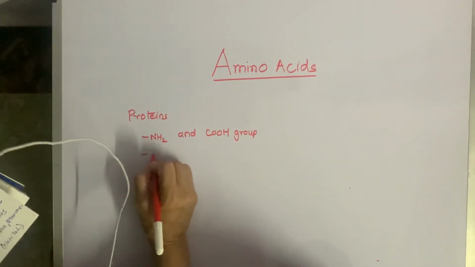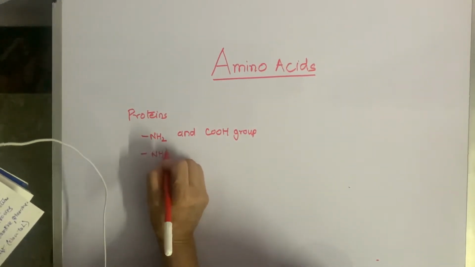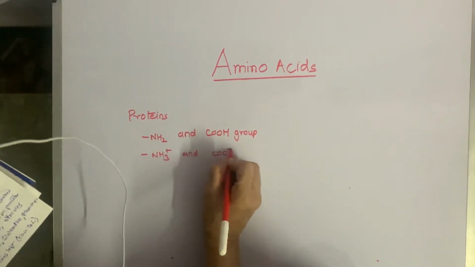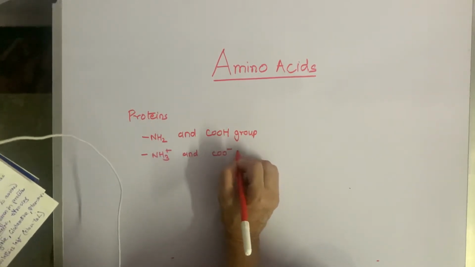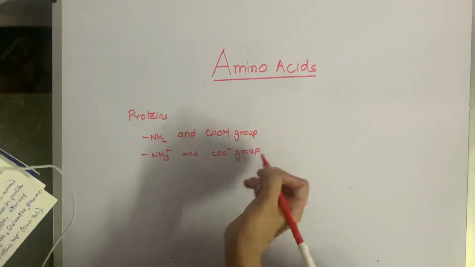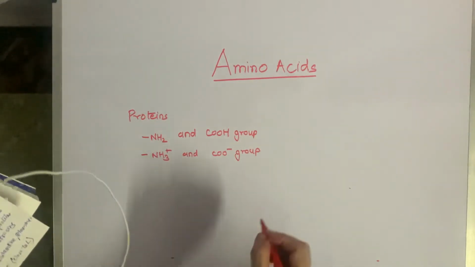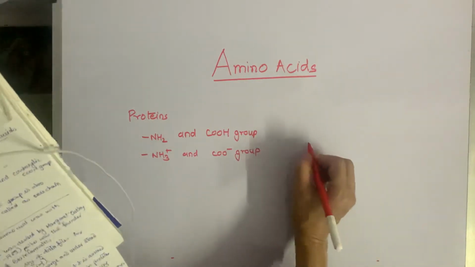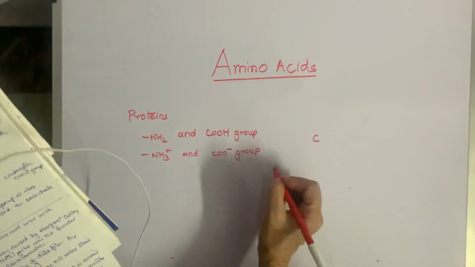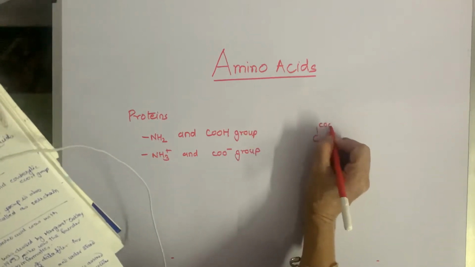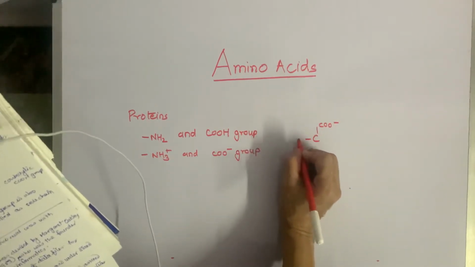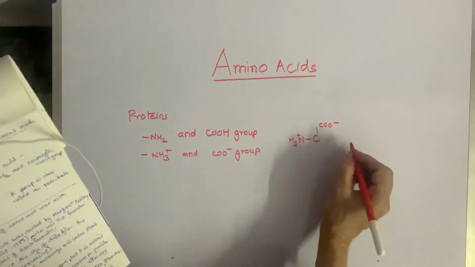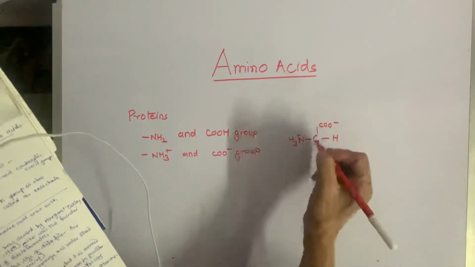Normally, we write NH3 plus and COO minus, that is the ionized form. So, let us see how we write it. The simple basic thing to remember is we write C in the center, this COO minus group, the amino group and H. This is basic.